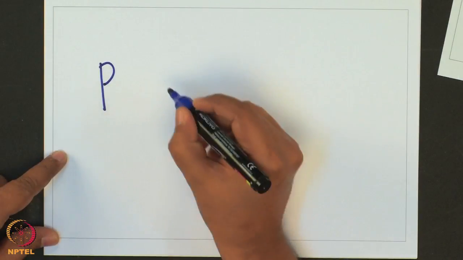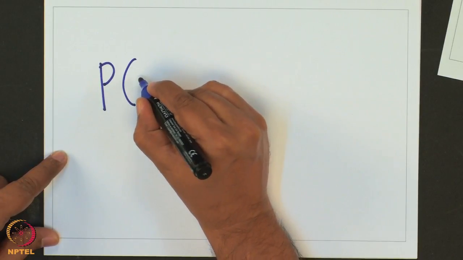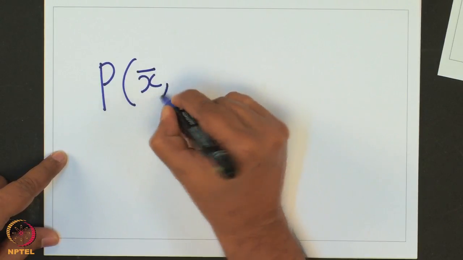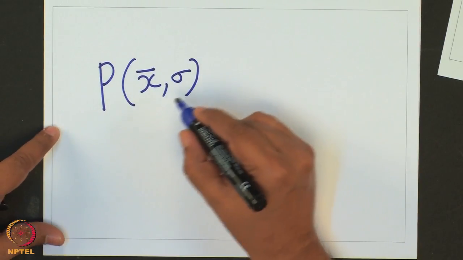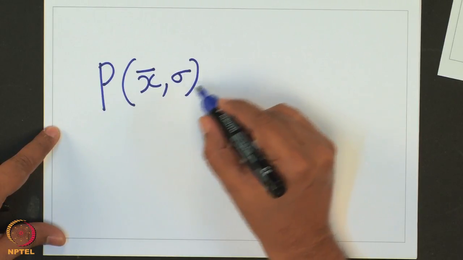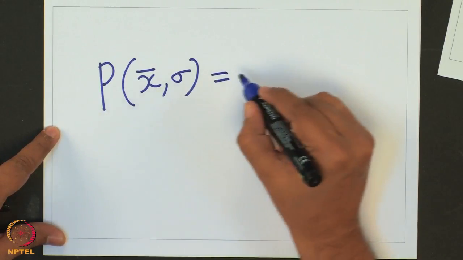The mathematical expression for such a normal distribution is the following. As we know, the probability distribution is a function of two parameters. One is x bar and one is sigma. Only two parameters you have to know. If I specify these parameters, I can get a distribution.